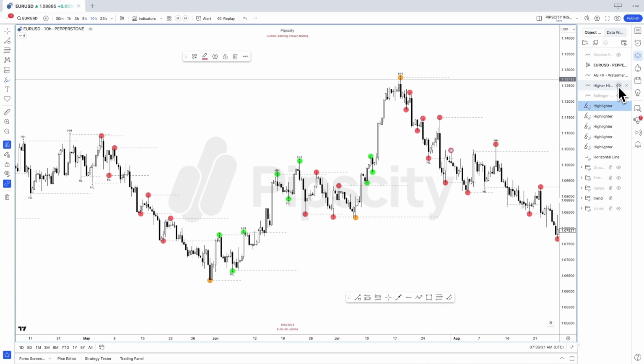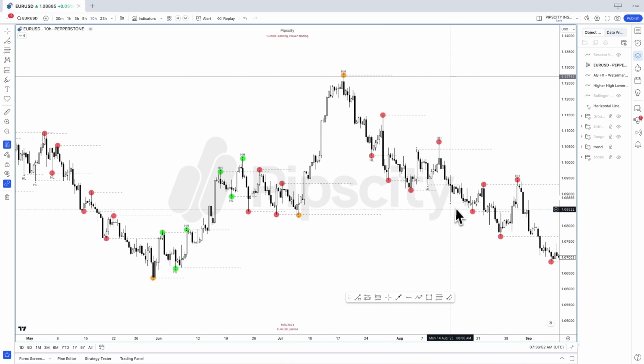But the reason is I'm focused on where structure was according to my indicator. Now you see that these levels I marked are not important actually, okay? Because if they really are a certain level, the indicator also will show those levels, all right? So I'm just focusing on the major ones.